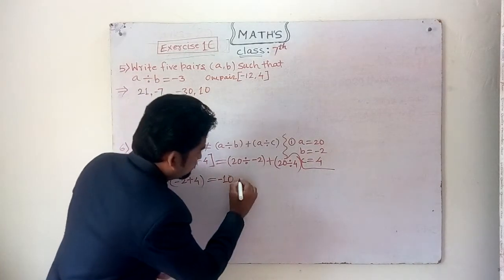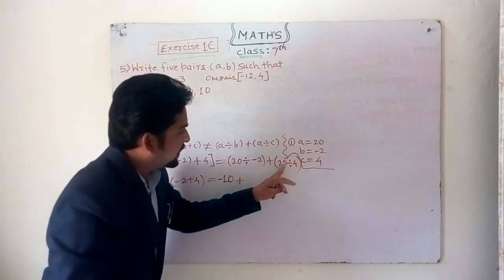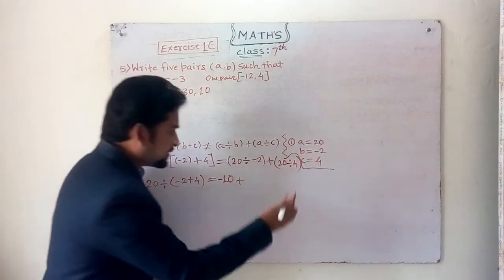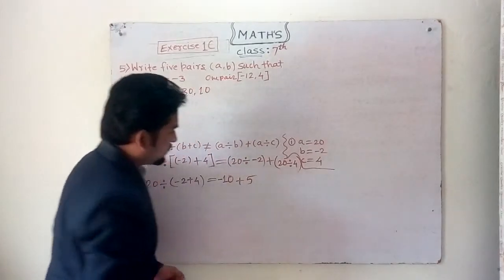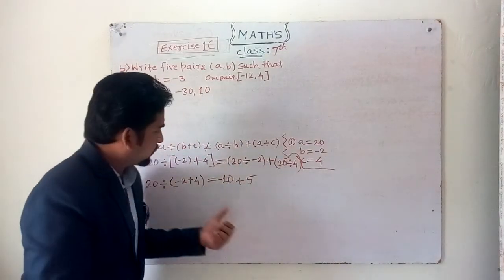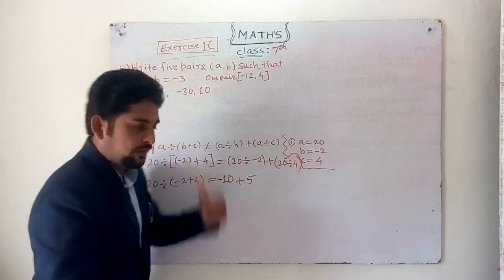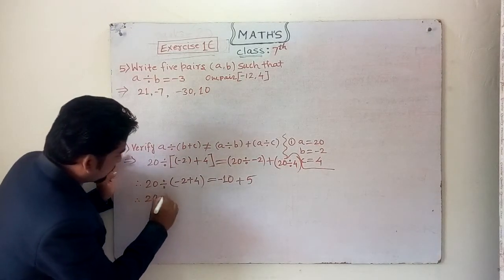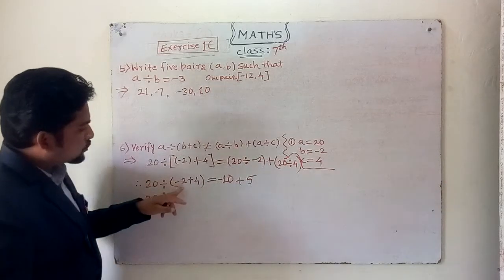Now plus 20 divided by 4. In 4's table 20 is coming, 4 5s are 20. So after solving this, what did we get? -10 plus 5. Now here 20 will be as it is divided by -2 plus 4.